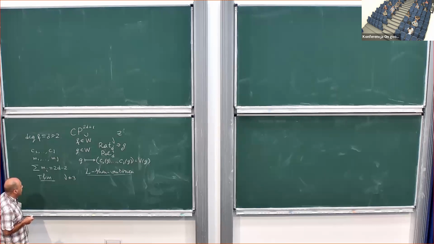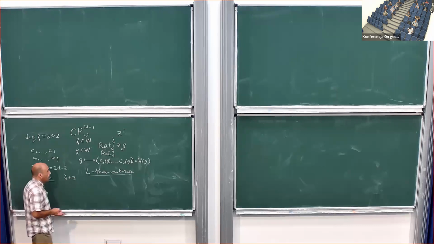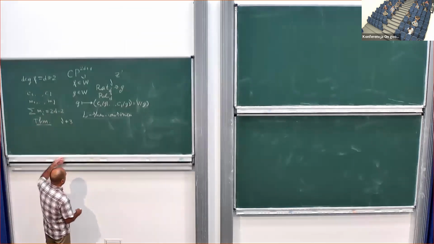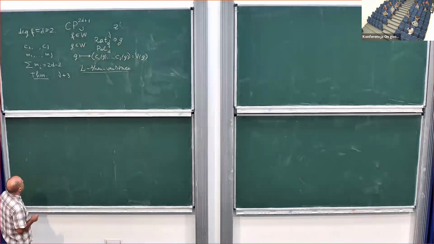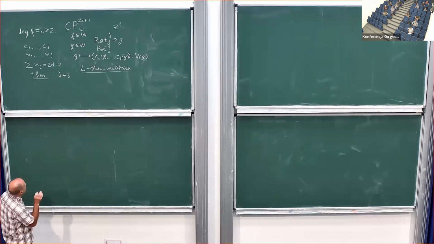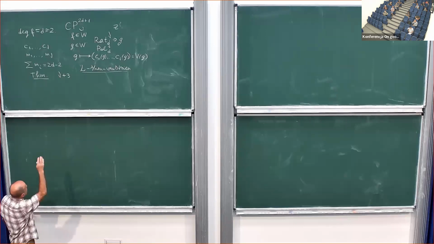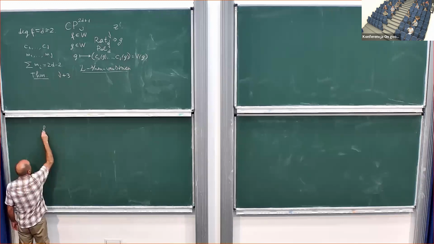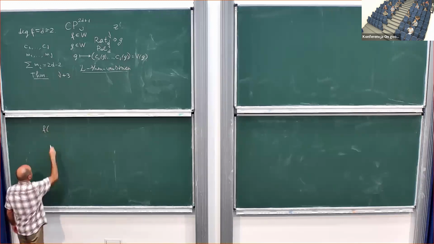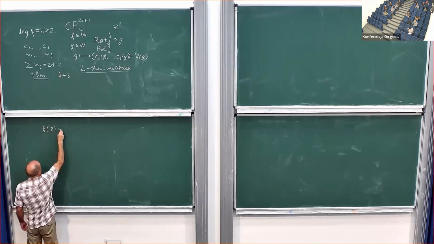Now the formula. Let me consider some special normalization of f from the beginning. So one can always assume, by a Möbius change of coordinate, that infinity is a fixed point.